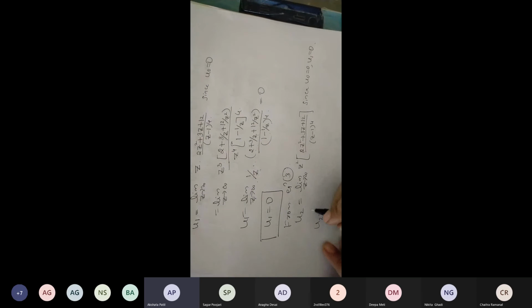Now for u₂, the limit as z tends to infinity, keep as it is. I can take the highest power, z², outside. z² into z² means z⁴.